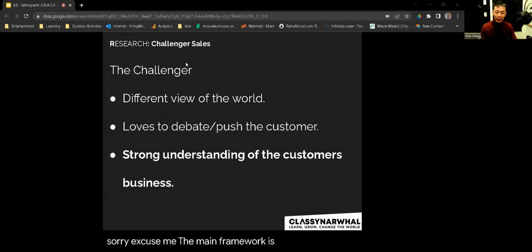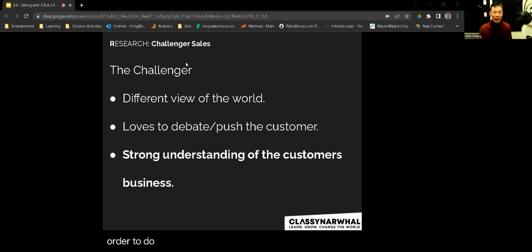The main framework is that the Challenger has a different view of the world, and it's not so much about trying to get your customer to feel necessarily welcome, but more about debating and pushing the customer in their best interest. I want to preface that and really emphasize, in their best interest. It's not about debating and pushing a customer to buy something that is not beneficial for them.